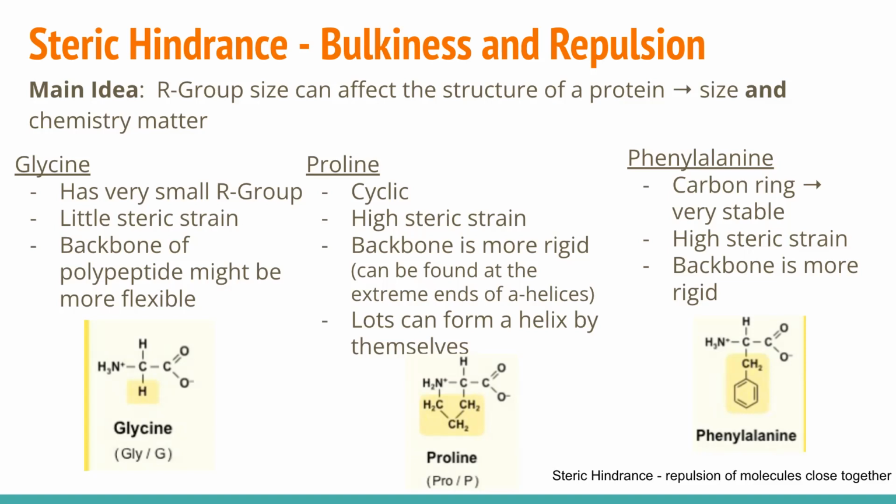If you're looking at one of those nicely drawn ribbon structure proteins, the molecule that causes the curve between one alpha helix and the next is proline. Think about the structure of proline and why that happens. Think about the lack of hydrogen atoms present and why you can't make these hydrogen bonds.